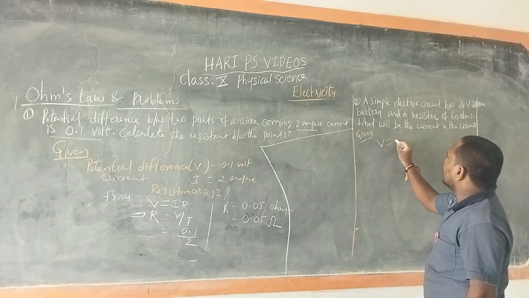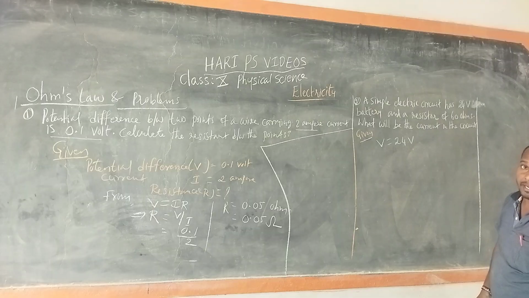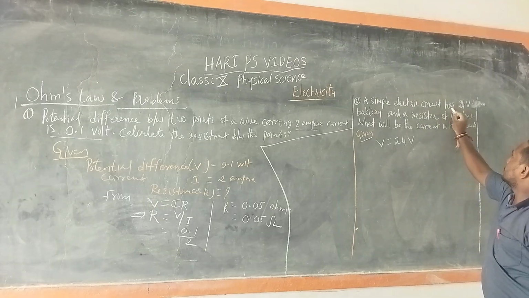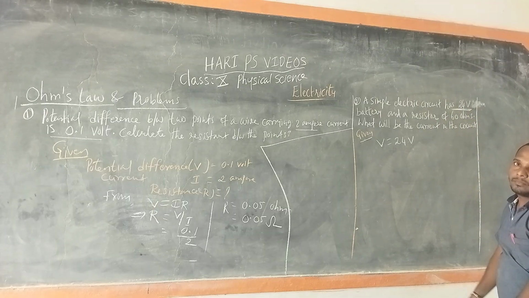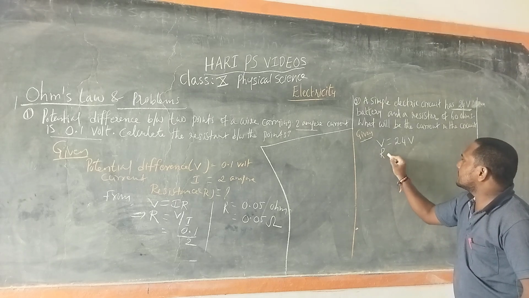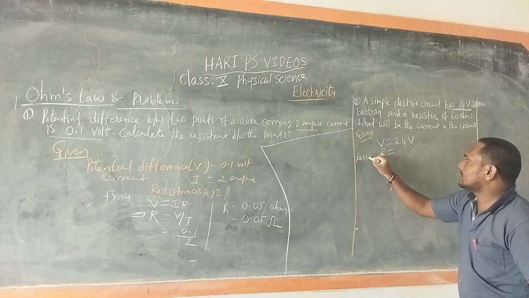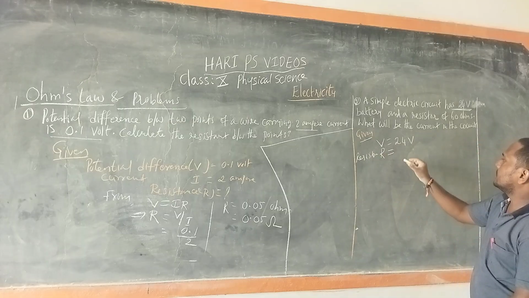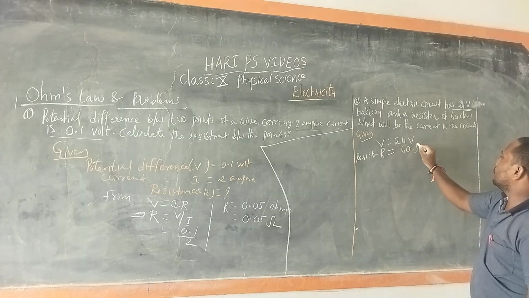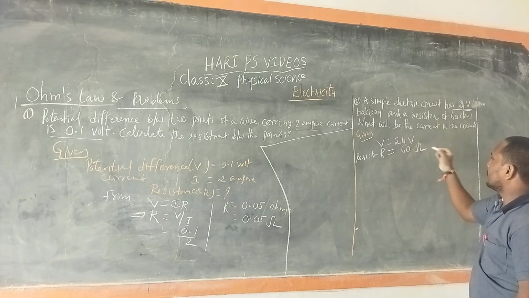V is equal to 24 volts. Potential difference is 24 volts. Then resistance R is equal to 60 ohms, or 60 omega.